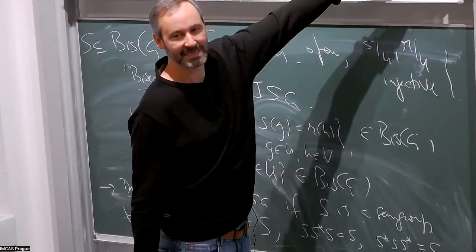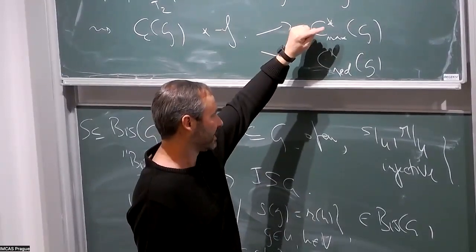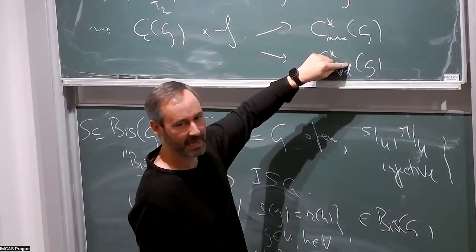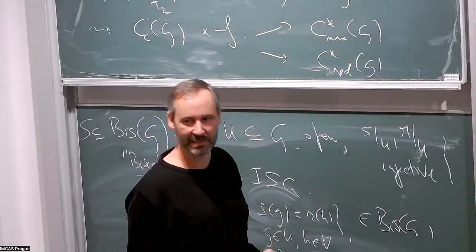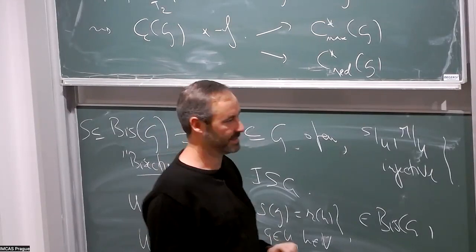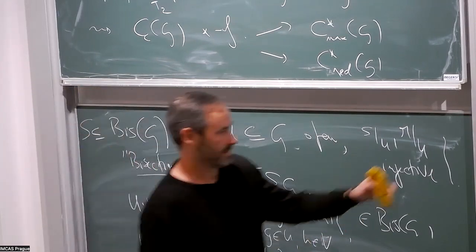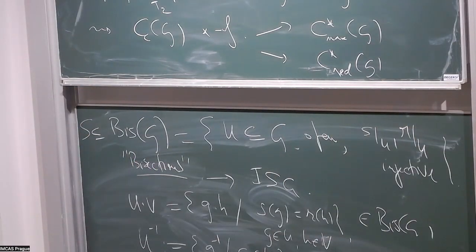It's not true actually: there are examples where the algebras coincide, but the groupoid is not amenable. So they coincide, but they are not nuclear. So for groupoids, and similarly for inverse semigroups, amenability is already much more complicated.